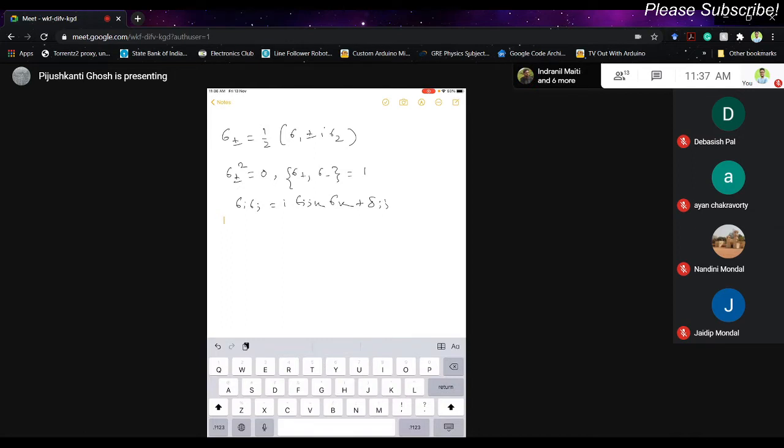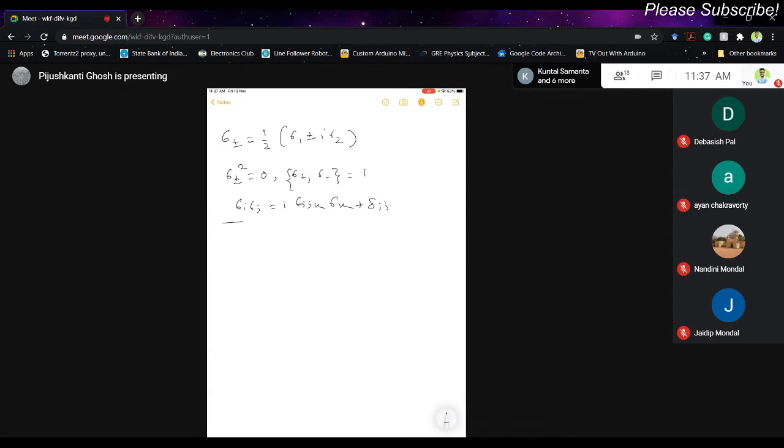I defined a quantity Q as sigma minus A. Its adjoint Q dagger will be sigma plus A dagger. If you want to be very particular, Q dagger is sigma minus A dagger, or A dagger sigma plus.